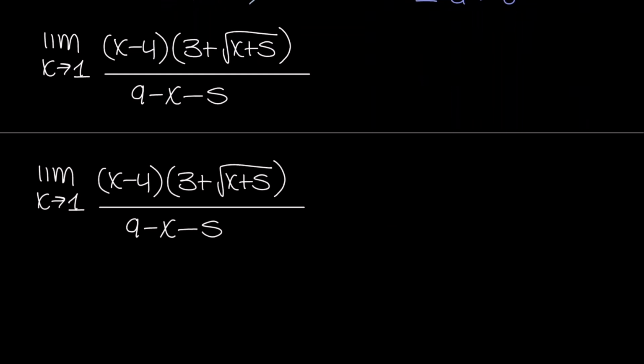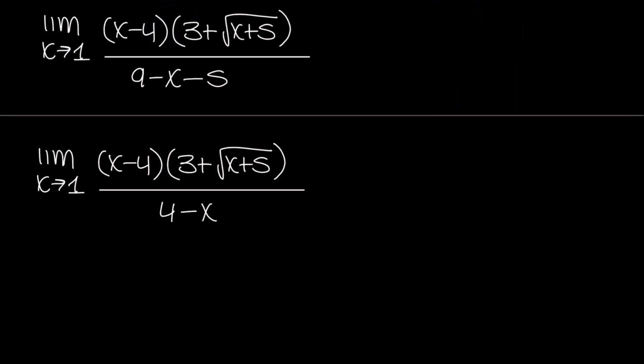Let's copy this over. This is 4 minus x. Right? Now, these two are very similar, and we just can't cancel them out. They're very similar, but we just can't cancel it out because they're not the same factor.